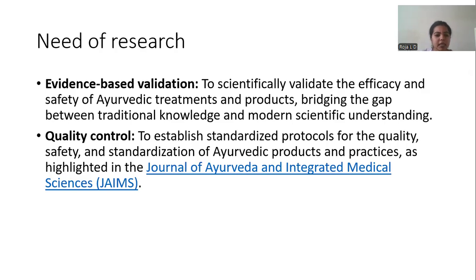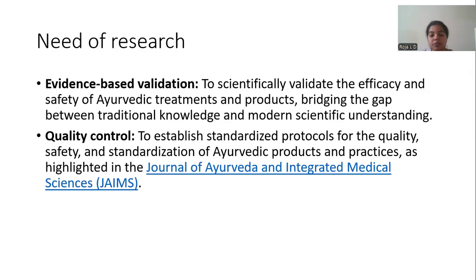Okay. And the next thing is quality control. Yes, a need for researchers. As per our acharyas, we are preparing medicines, but it's not that simple. As per the acharyas, we need to prepare medicines, but what standardized parameters have you taken as per modern science? Suppose you use water, heavy metals like lead may be present in it. In the case of soil, mercury is present. Those heavy metals should not be present even in our Ayurveda drugs.